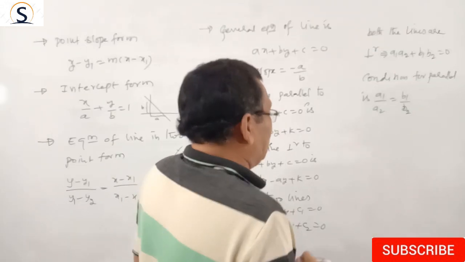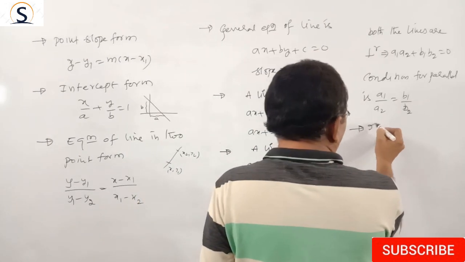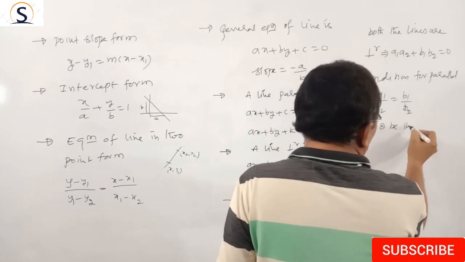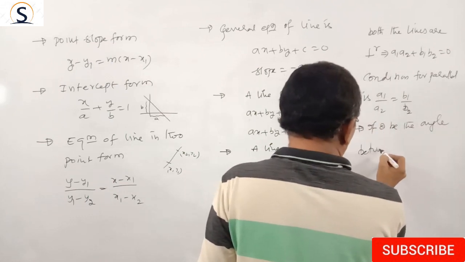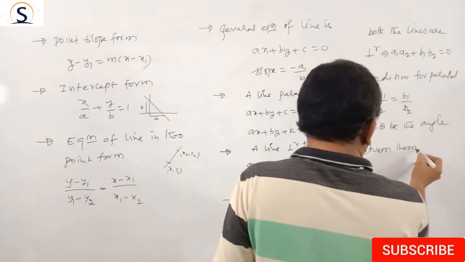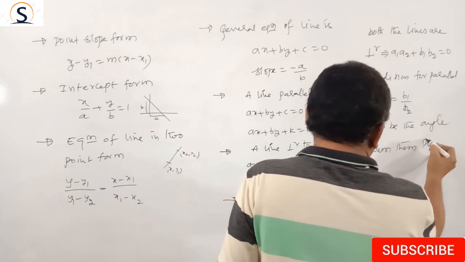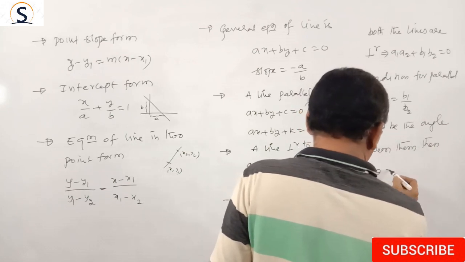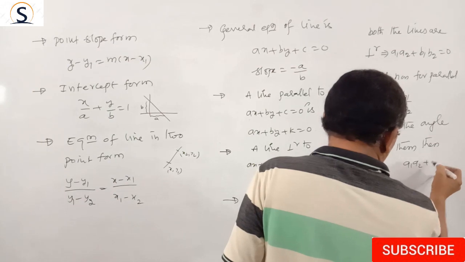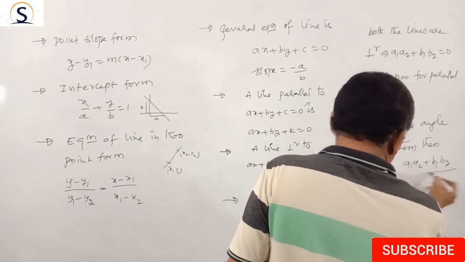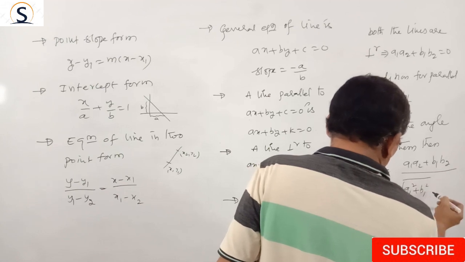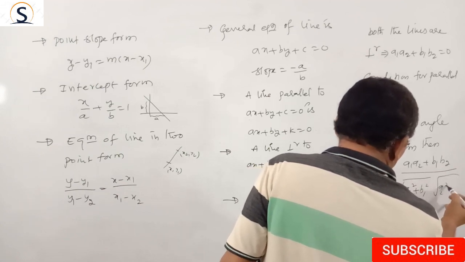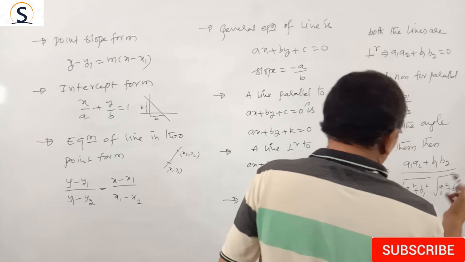Next one, theta. If theta be the angle between them, then cos theta is equal to a1 a2 plus b1 b2 by under root a1 square plus b1 square into root a2 square plus b2 square.